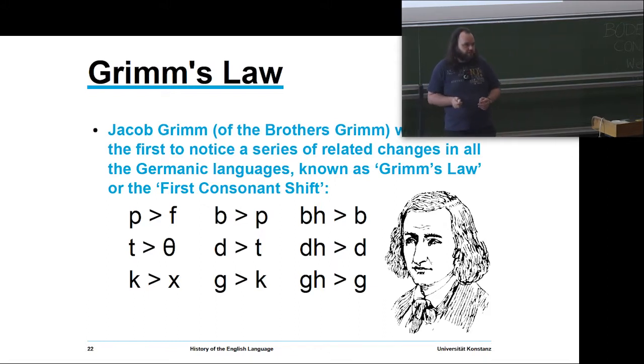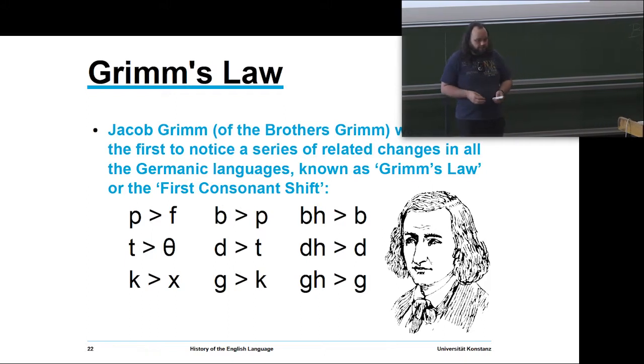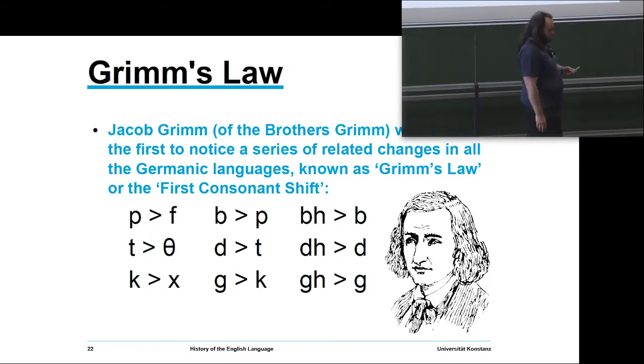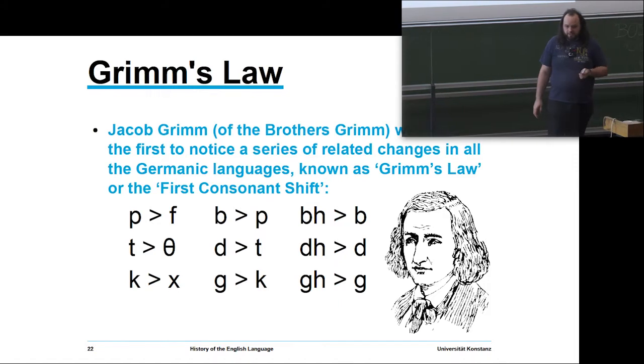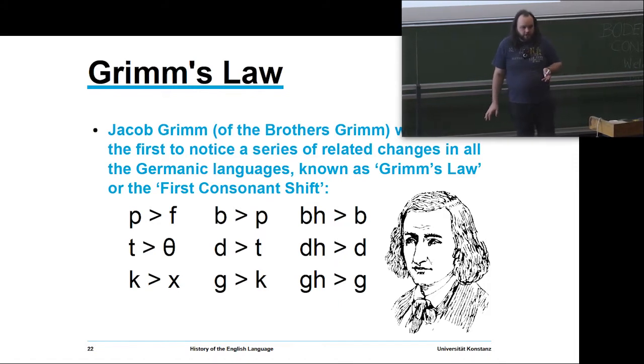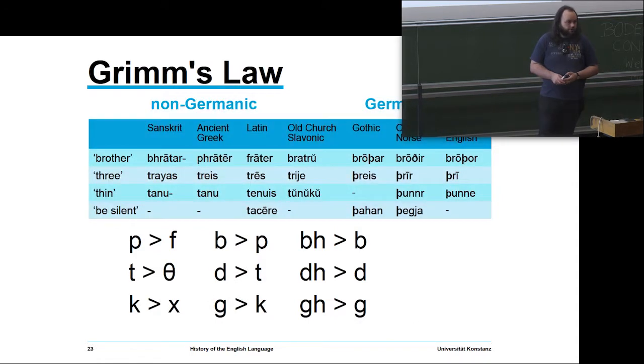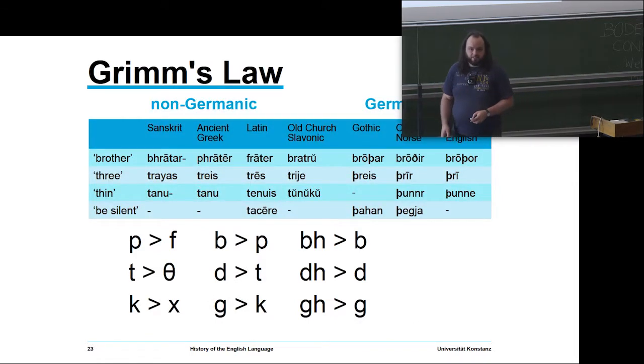He posited that there must have been a change in the Germanic languages which changed p's into f's, t's into th's, k's into ch's, and so on and so forth. And this has been called Grimm's law, or the first consonant shift. And again, it's one of the most distinguishing characteristics of Germanic.